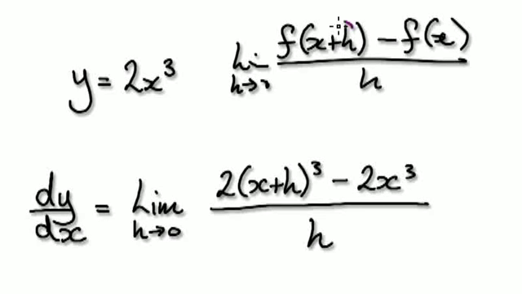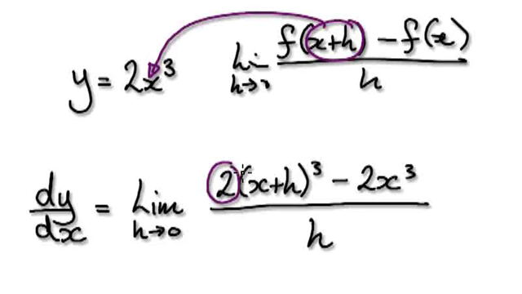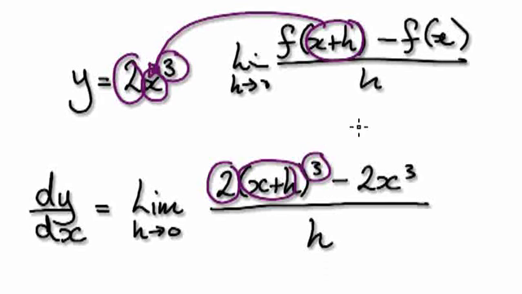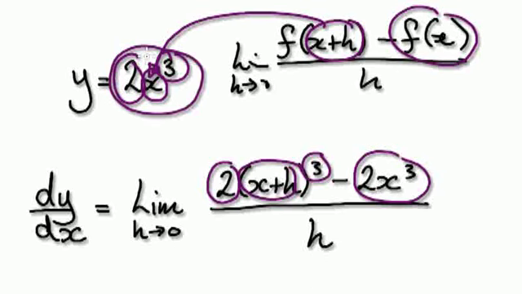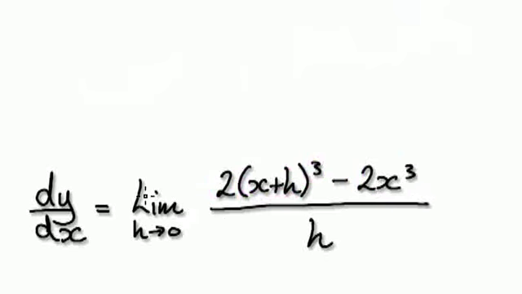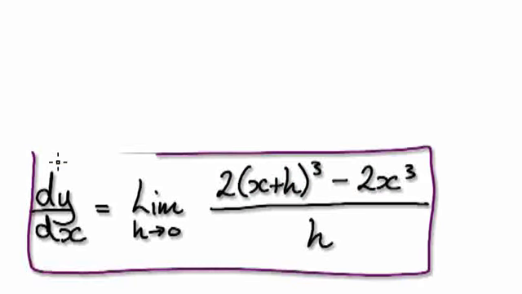When you put this in, you're going to have this 2, and then x plus h, and you've got to cube it. Then take away the original f of x, which was this here. That would take you to this stage here.